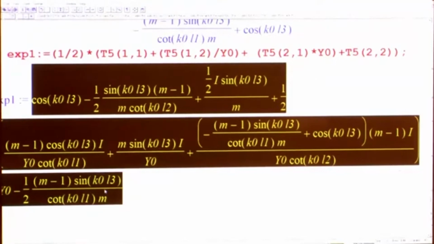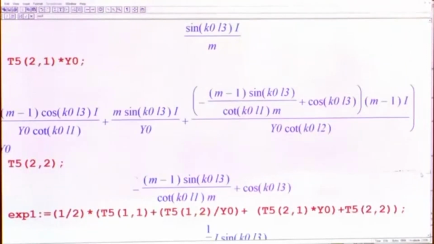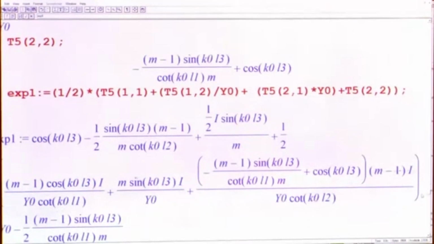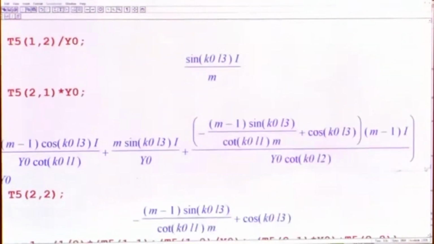All those things are good, but just looking at this expression, I guess we should be able to tell something about where the peaks could occur and whether they can annihilate the troughs. So, T 5 2 1 multiplied by y naught. Let me try to do something about this one, T 5 2 1.